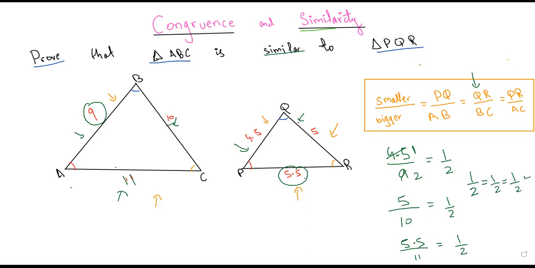That means that these ratios are same. If this is the case, then these triangles are similar, right? So we can write it down that hence triangle ABC is similar to triangle PQR.